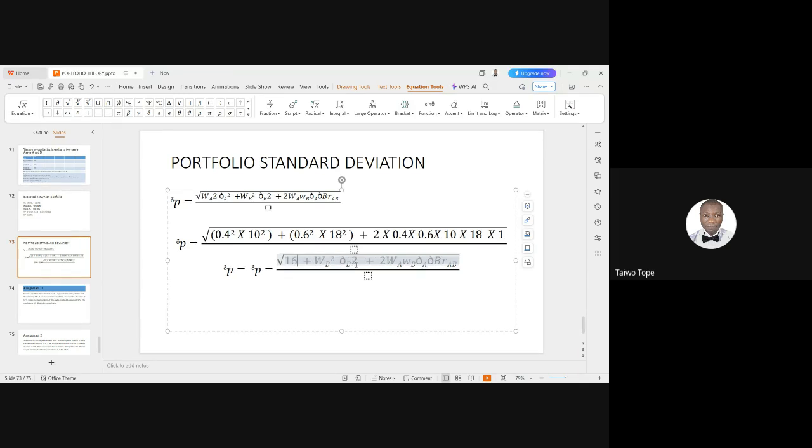Then these points, we should have 116.64. This region here, I should have 86.4.